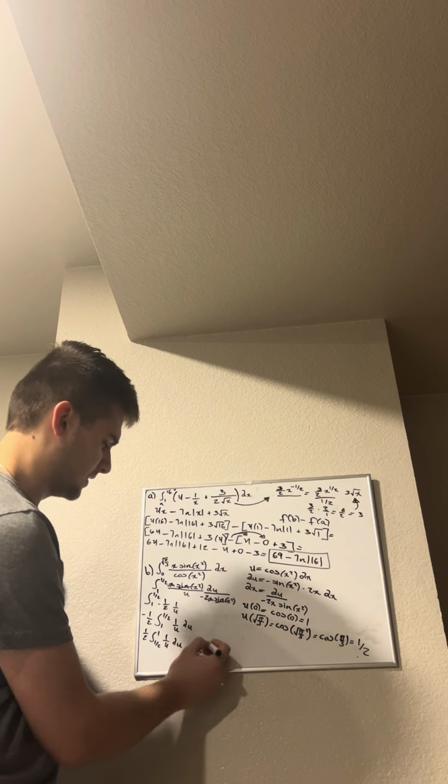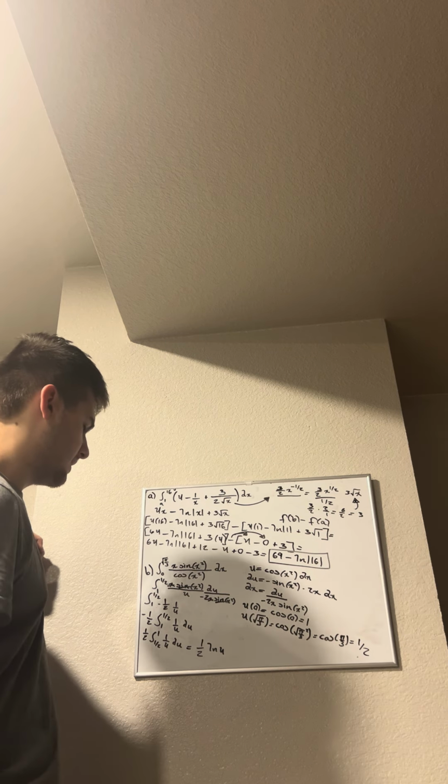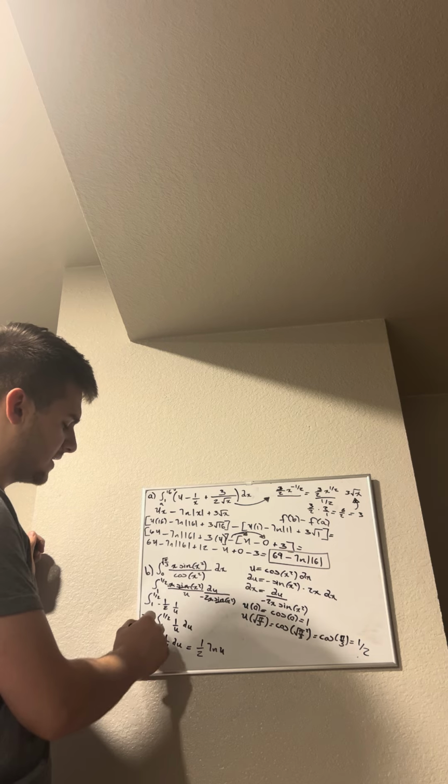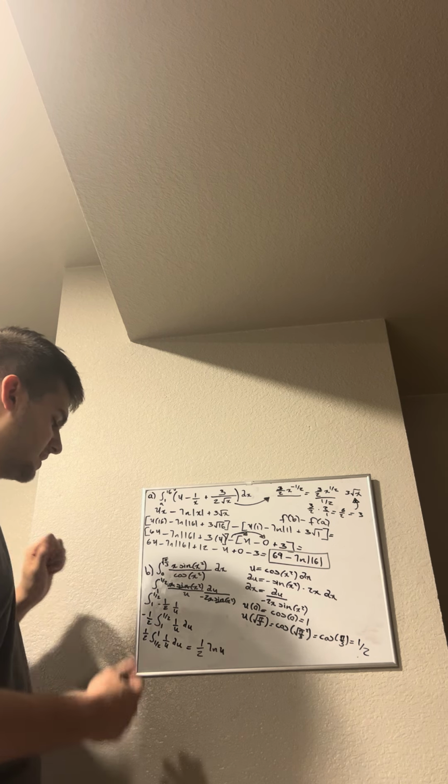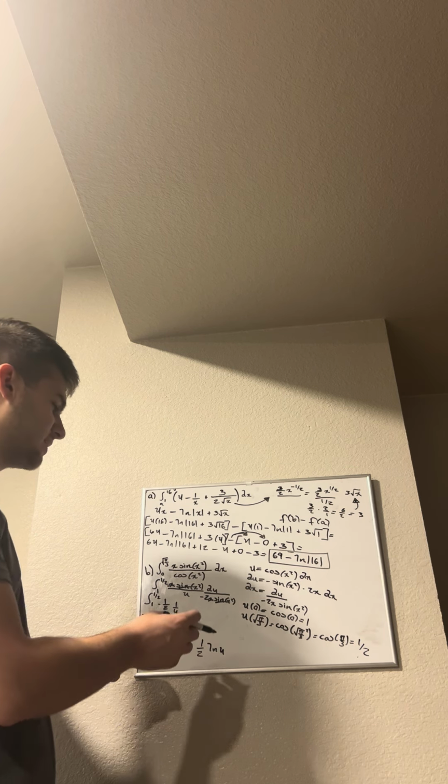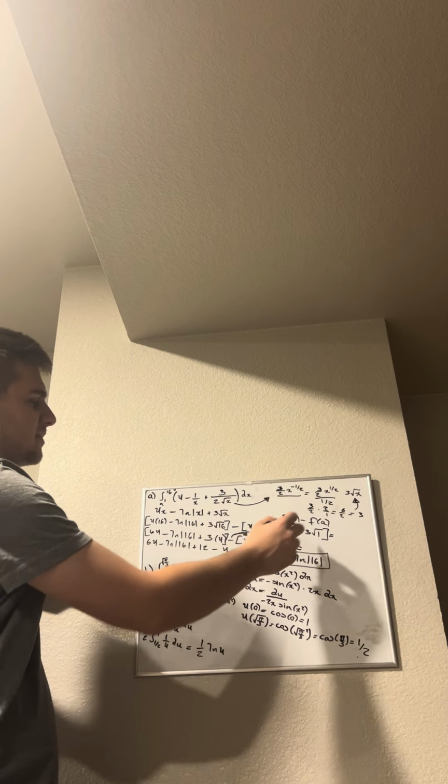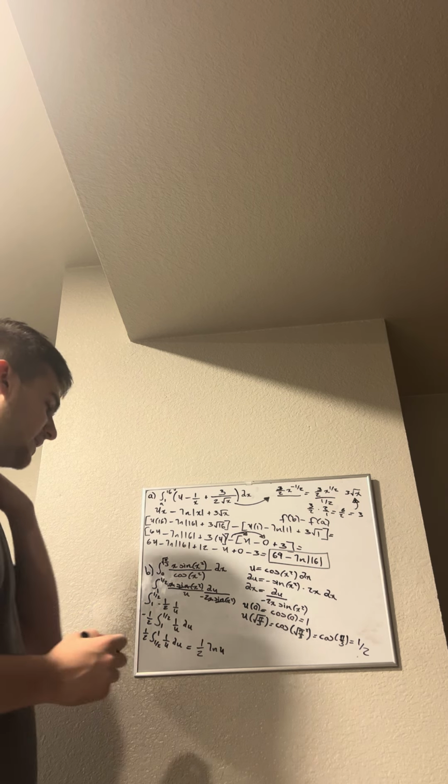So that would equal the integral. And now that we have the new integral, we want to apply the same rule of f of b minus f of a in order to find the final solution.